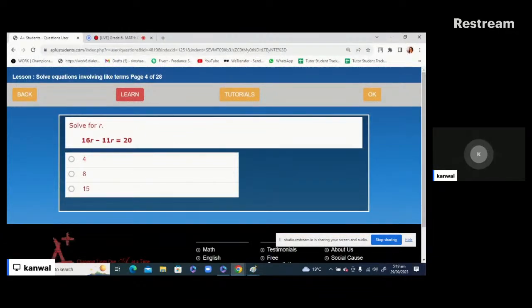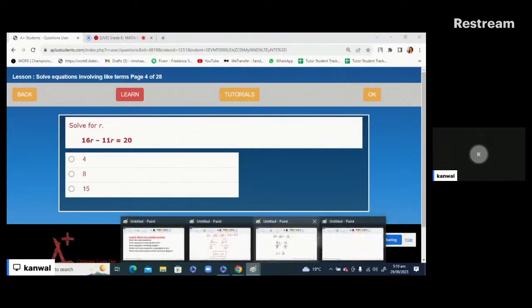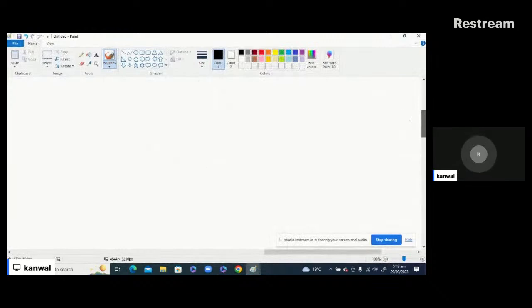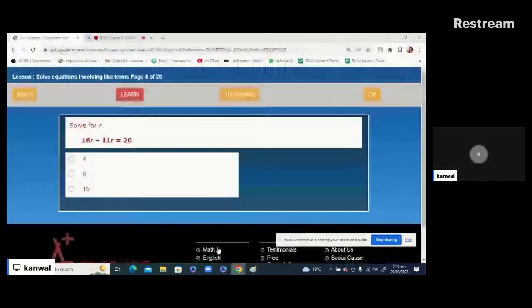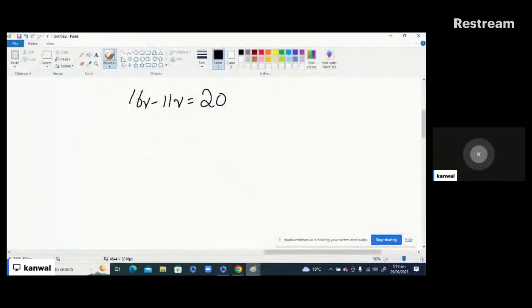Okay, 16r minus 11r is equals to 20. So 16 minus 11, what's the answer?